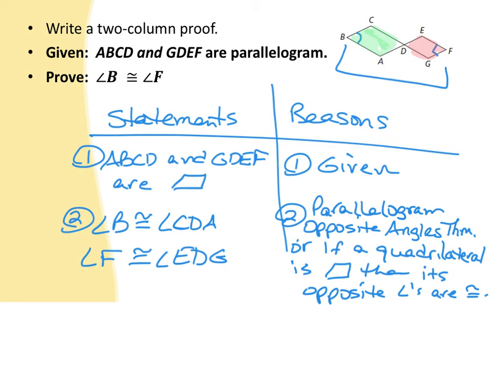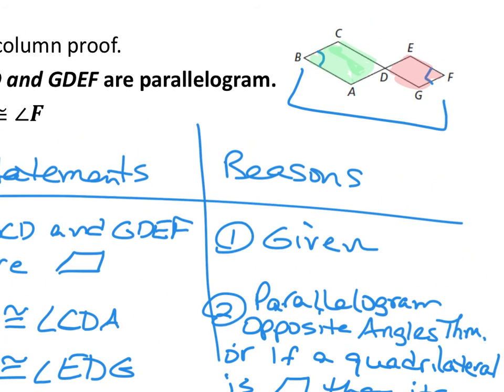So far, I've labeled that my goal was to get these two congruent, but I've established in my proof that this is congruent to this, and that this is congruent to this. So now what I need to do is show some kind of relationship of these two.